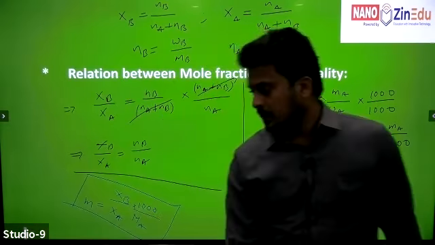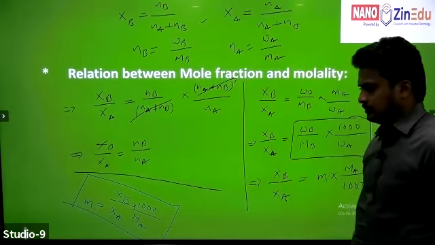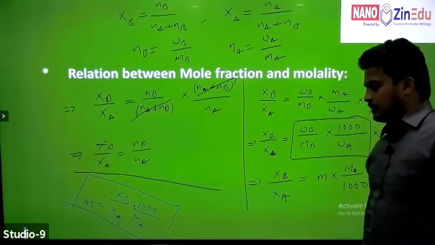Copy up to here. Any doubt on my derivation? No, sir. Molality is xb by xa into 1000 by Ma.